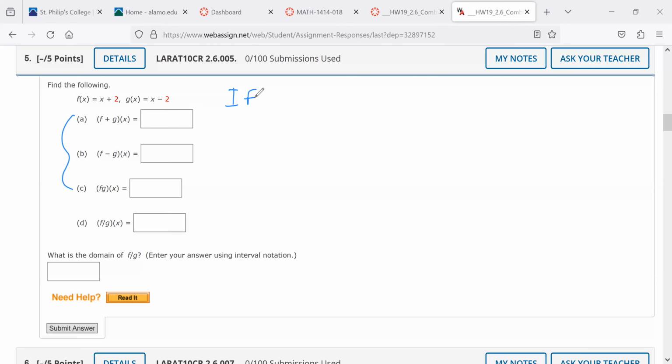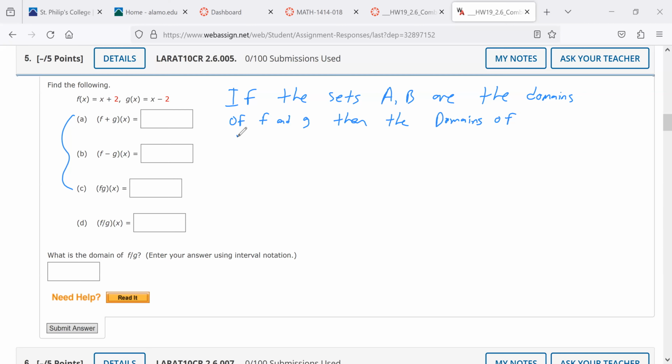So if the sets A, B are the domains of F and G, then the domain of A through B on these questions, but really in general, just for any of these type.